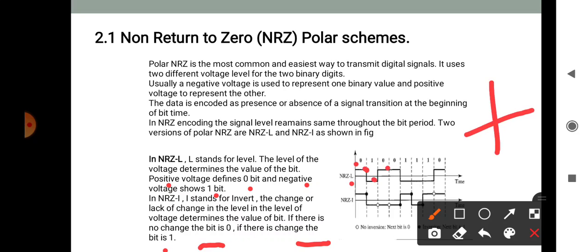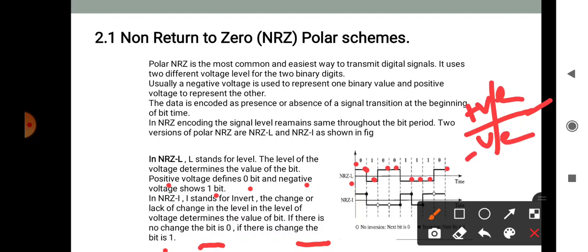Here in the graph, positive is on top and negative below, so 0 is at the positive and 1 at the negative side. Here 0 0 at the positive and 1 1 at negative, then here is also 0 at positive. This is the NRZ-L scheme.